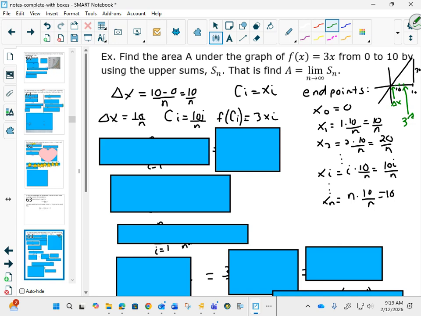f of ci is just plugging ci in for x. And since ci is equal to xi, f of ci will be 3xi. Right? And at this point, most of you would say what most people do with their New Year's resolution. It's January 2nd. I am giving up on my New Year's resolution.